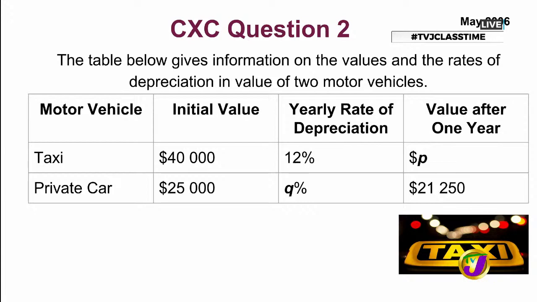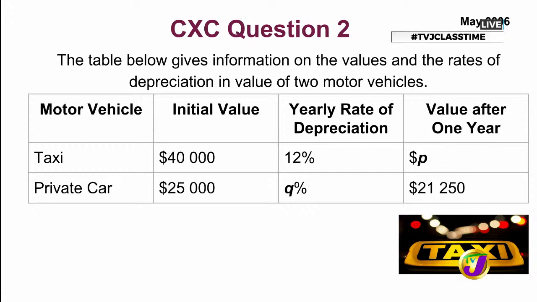The taxi initial value or present value, yes, would be $40,000, while the private car would be $25,000. Dollars, thank you. The taxi was depreciating at a rate of 12% per year, whilst we need to find clearly what's the rate of depreciation per year for the private car.